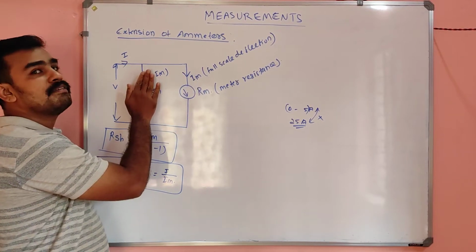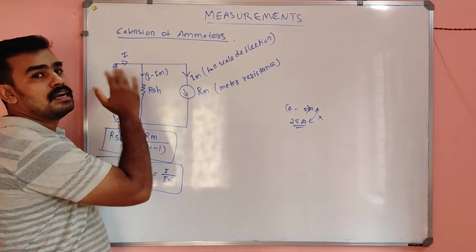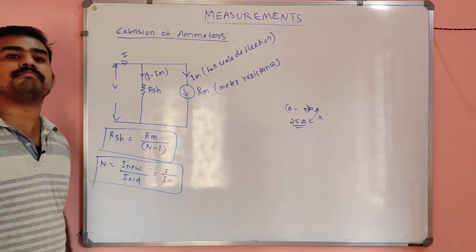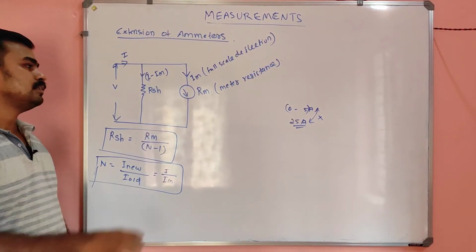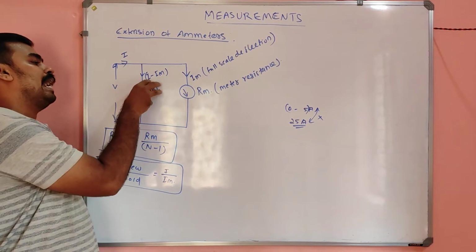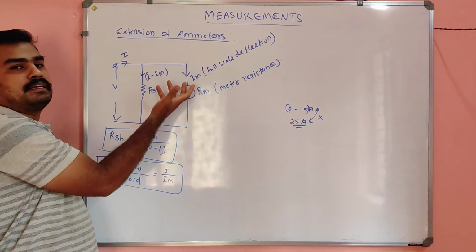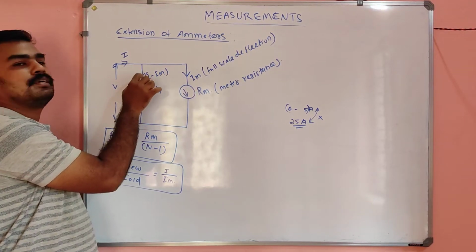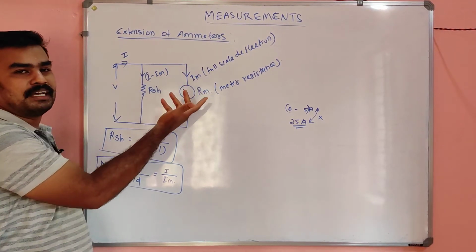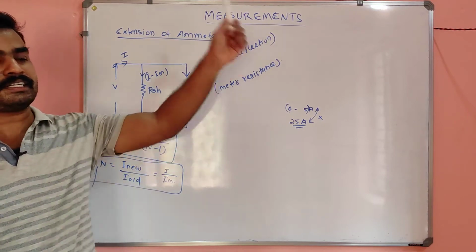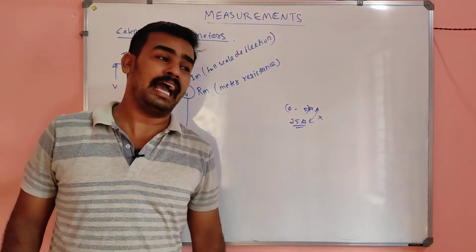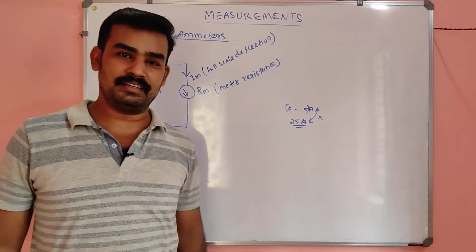Suppose you use a very high value of resistance here, the meter can't extend beyond some range, because compared to the meter resistance, a small current will be flowing through this and a very big current will again flow through the meter. The range cannot be extended to a very high level.